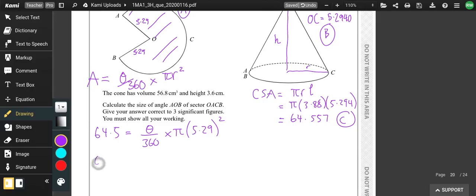I'm going to times both sides by 360 and divide by 5.29 squared pi. That should give me my angle, hopefully. So I'm going to divide that by pi and then divide that by OC squared.